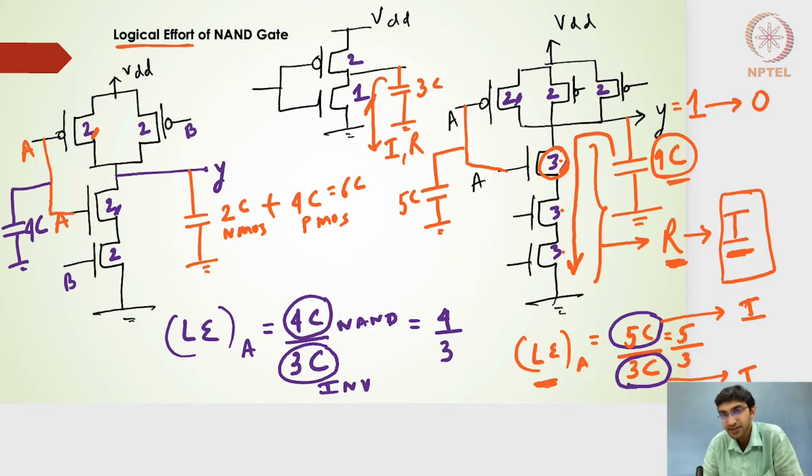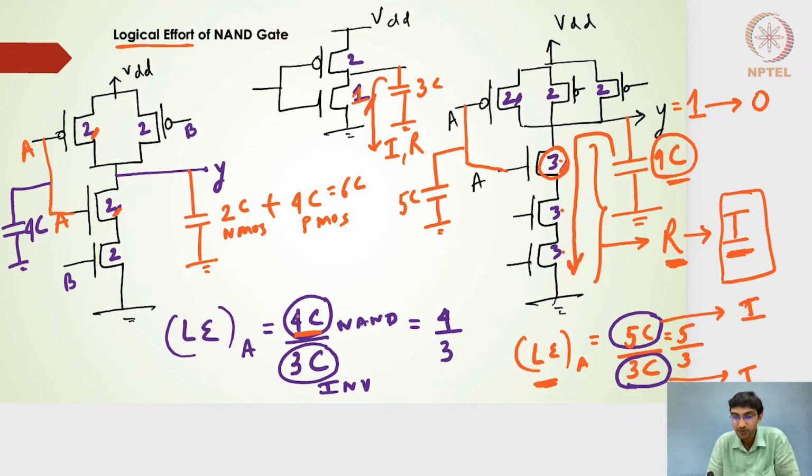So the logical effort by definition says there's an additional effort for the 2-input NAND gate or for a 3-input NAND gate, and how much more effort with respect to that inverter is based on the input capacitances. So that will be 5 by 3 for a 3-input NAND gate. Similarly, for a 2-input NAND gate, I will have to size it up 2 times more at the NMOS side. The inverter is 1, here it is 2, so it is twice more.